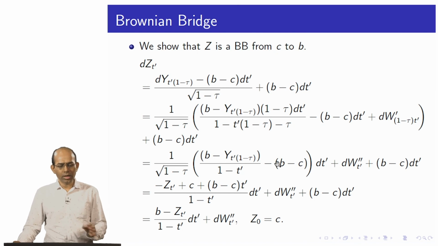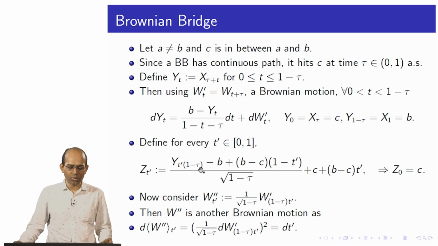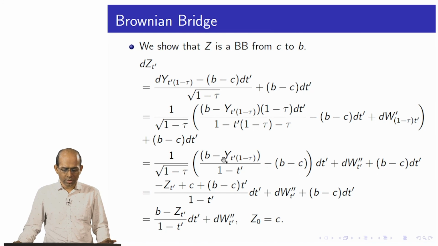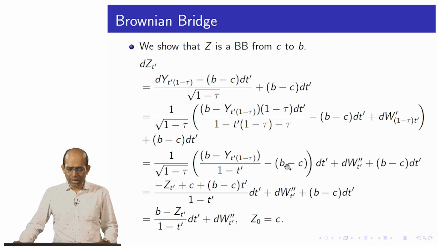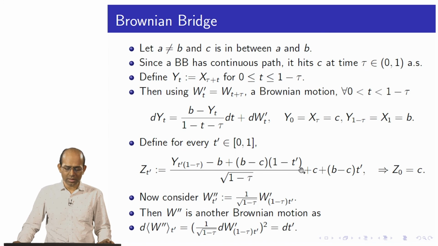Okay, so now we back substitute the z, because for z we have one equation. So, this is a formula for z in terms of y. Here in the denominator I have 1 over square root of 1 minus tau, and in the numerator we have this y term minus b plus b minus c times 1 minus t prime. So, when we actually write this down in the numerator, I would get b minus c into 1 minus t prime, as it appears here.